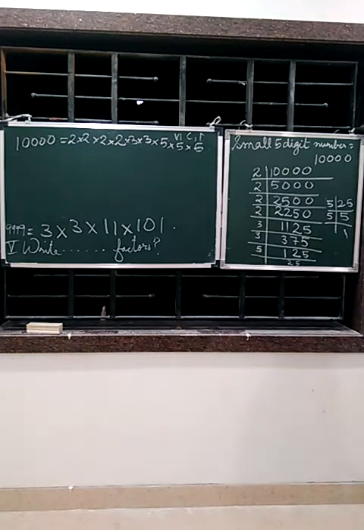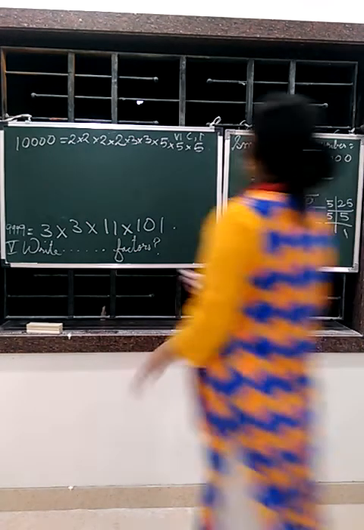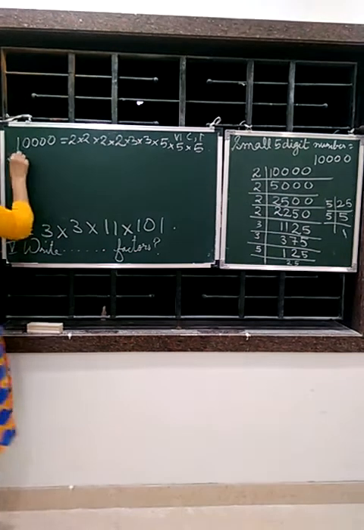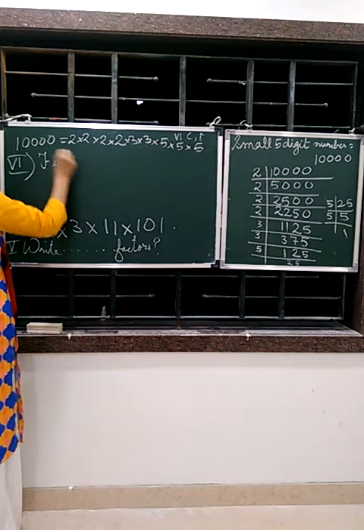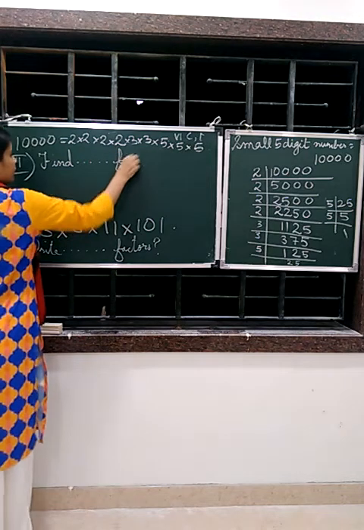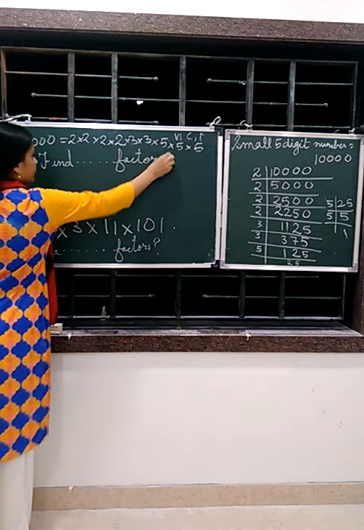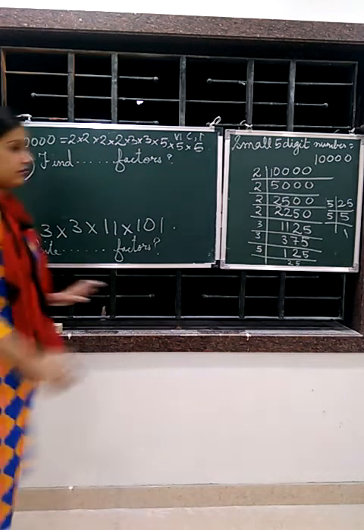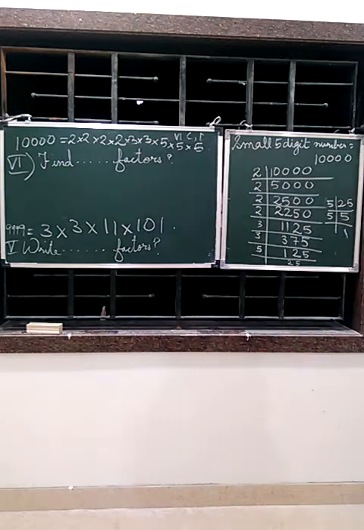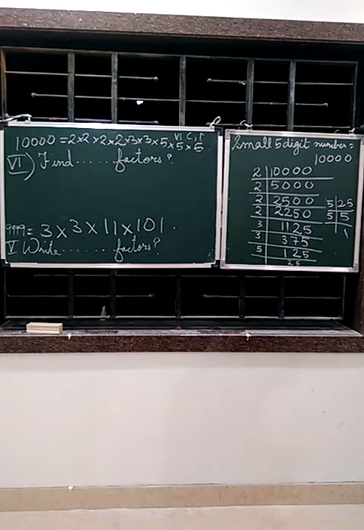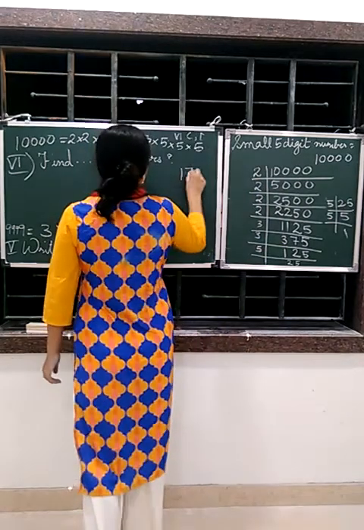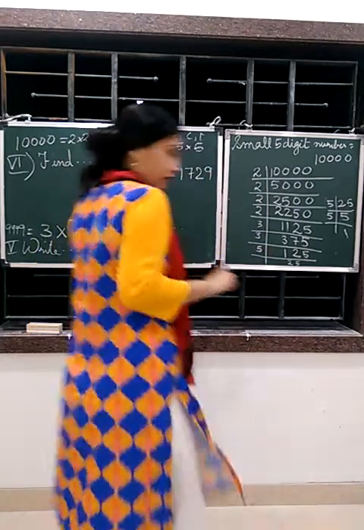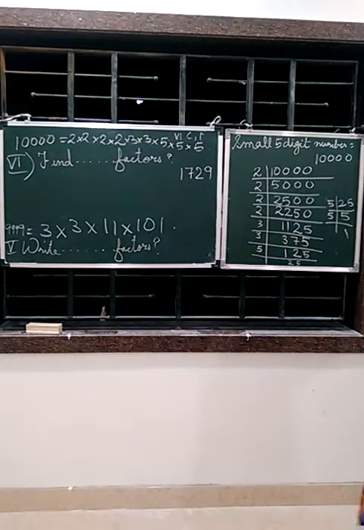So find the selected factors. This is question number 6. To find the prime factorization of it.